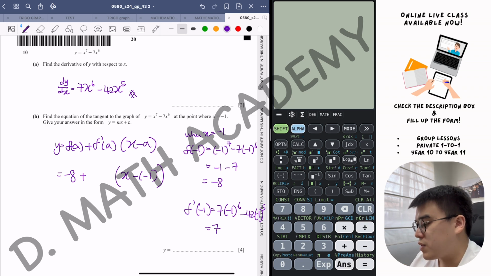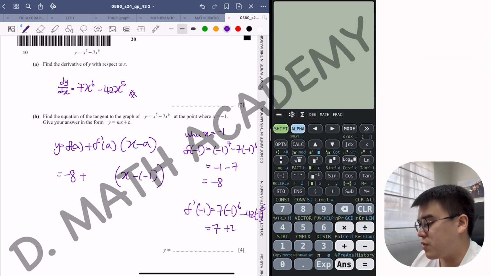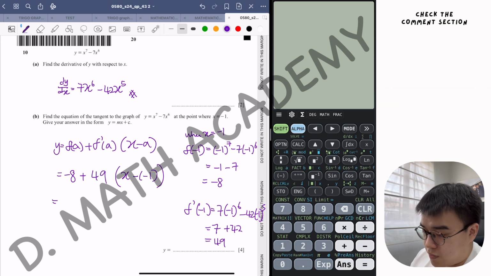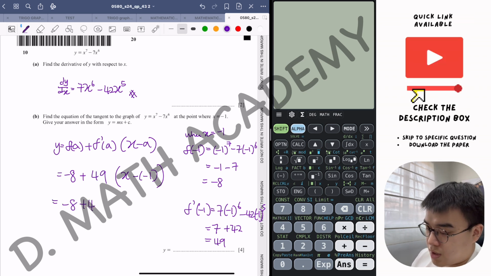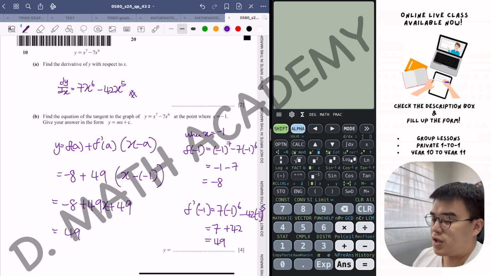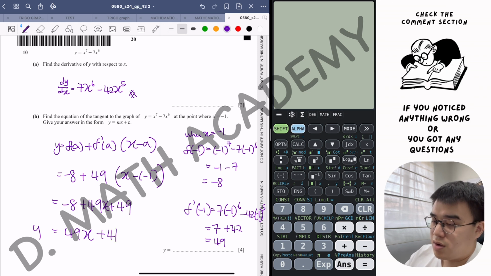You get 7 plus 42, which is 49. So when you rearrange them accordingly, you will get 49x plus 41 as your final answer here.